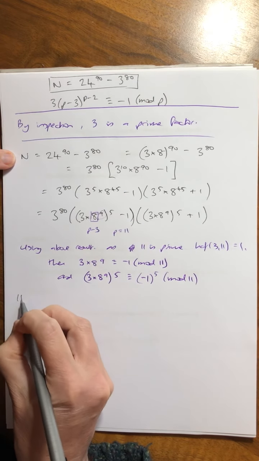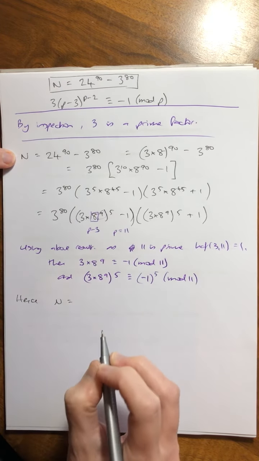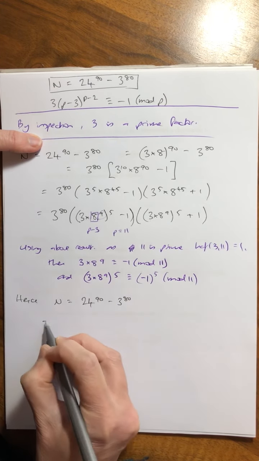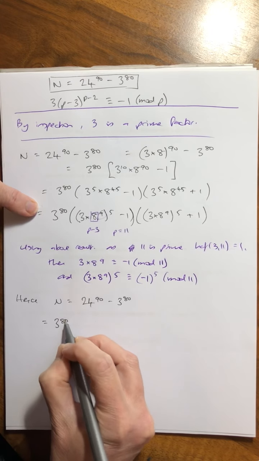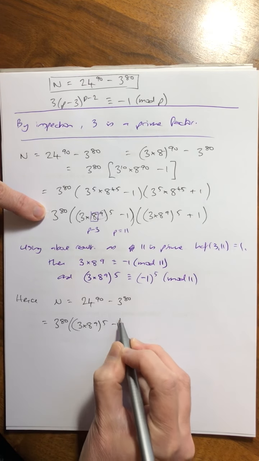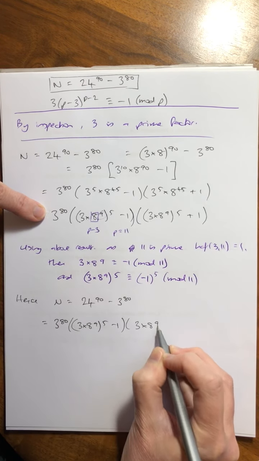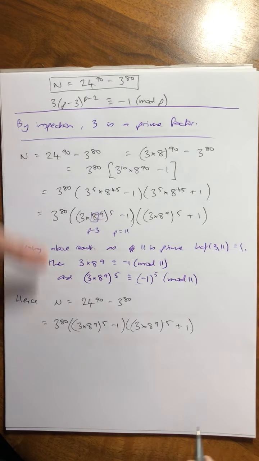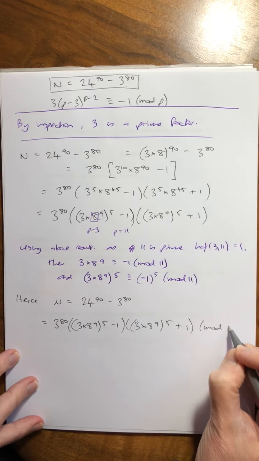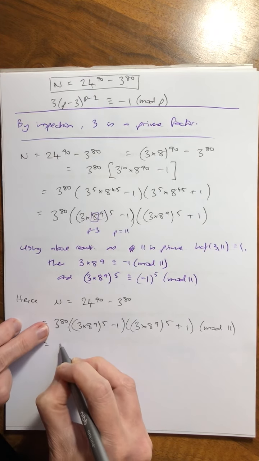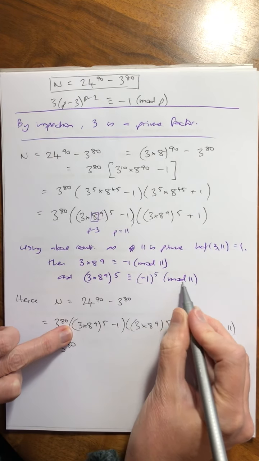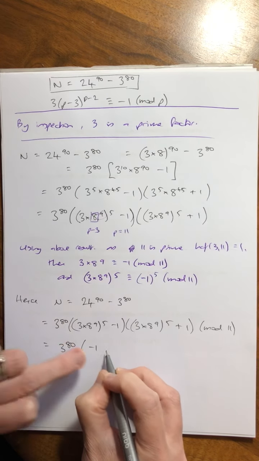So now if I put it back into here, hence n is equal to 24 to the 90 minus 3 to the 80. I'm not going to go all the way, I'm just going to go to this end line here: 3 to the 80, 3 times 8 to the 9, all to the power of 5 minus 1, and 3 times 8 to the 9, all to the power of 5 plus 1. And that mod 11 is equal to 3 to the power of 80, that is congruent to negative 1 minus 1.